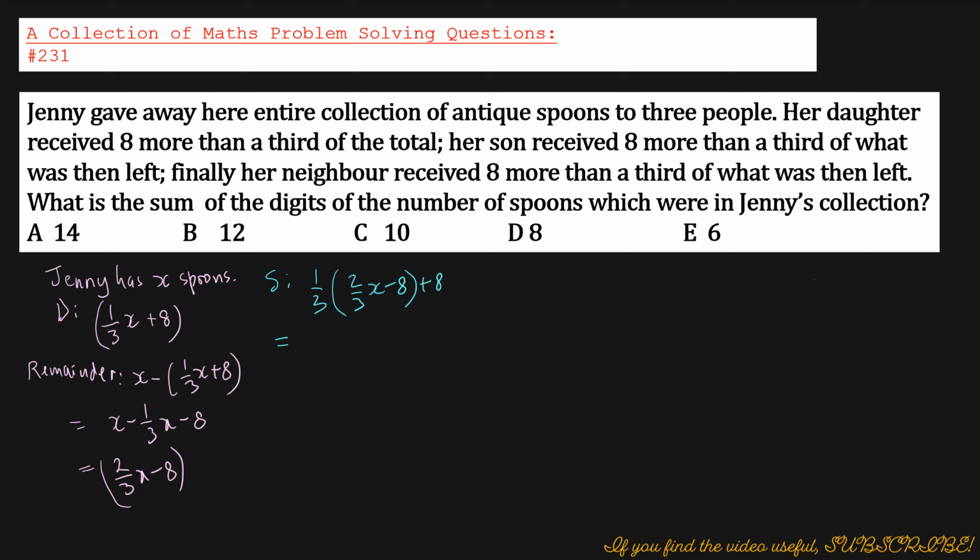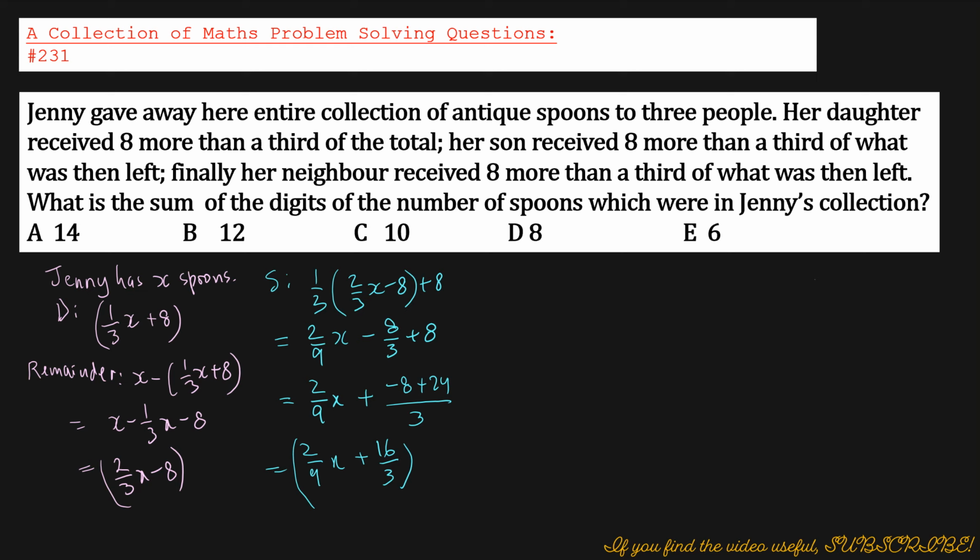Removing the brackets, that gives you 2/9 X minus 8/3 plus 8, and that is 2/9 X plus (minus 8 plus 24)/3, that is 2/9 X plus 16/3. And this is what the son gets.